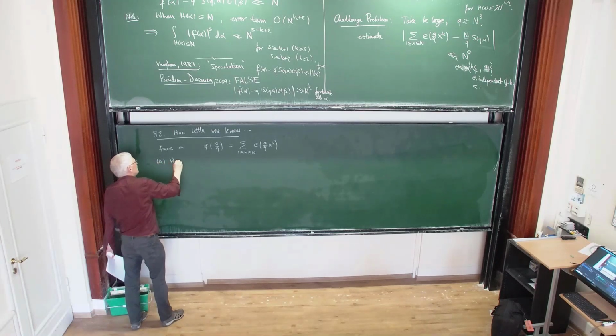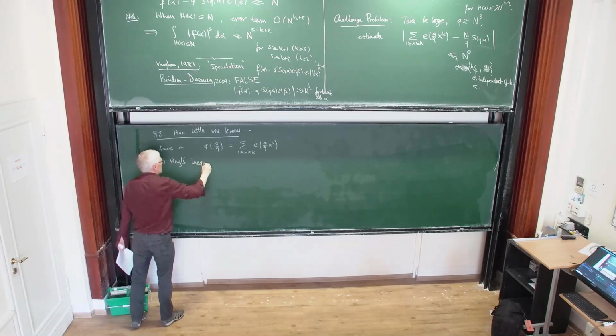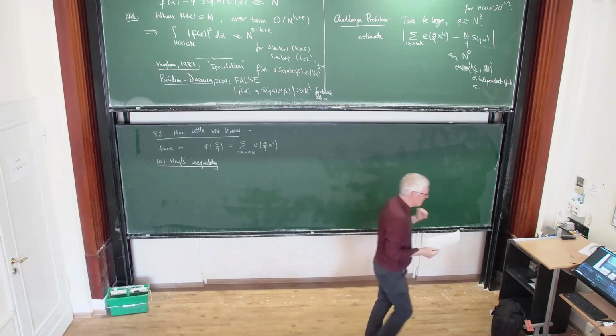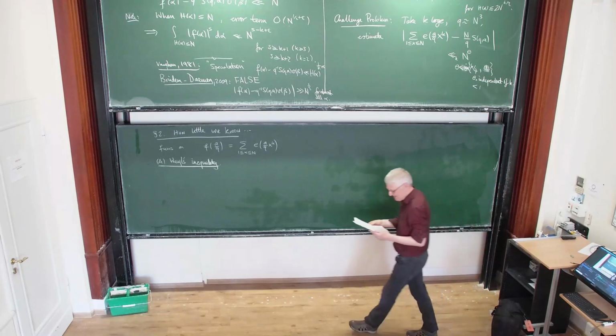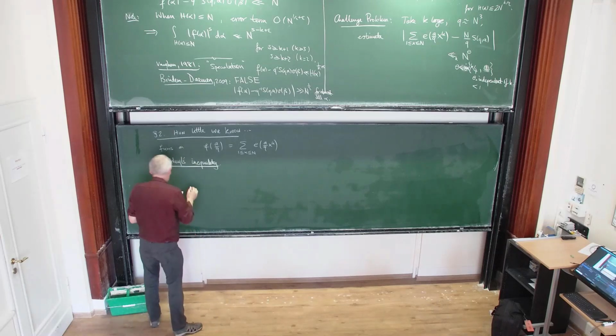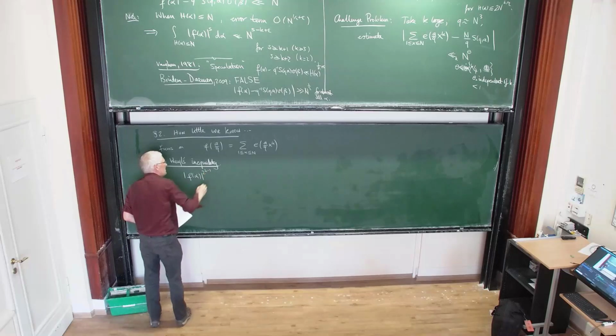Okay, so the oldest approach is to use Weyl's inequality. And as expected, I'm using more time than I would like, so I'm going to be relatively brief in this. What Weyl's inequality does is to lower the degree of your polynomial.